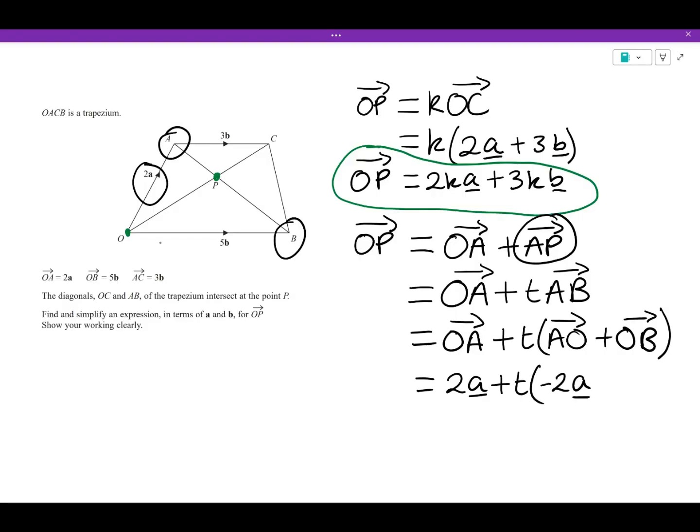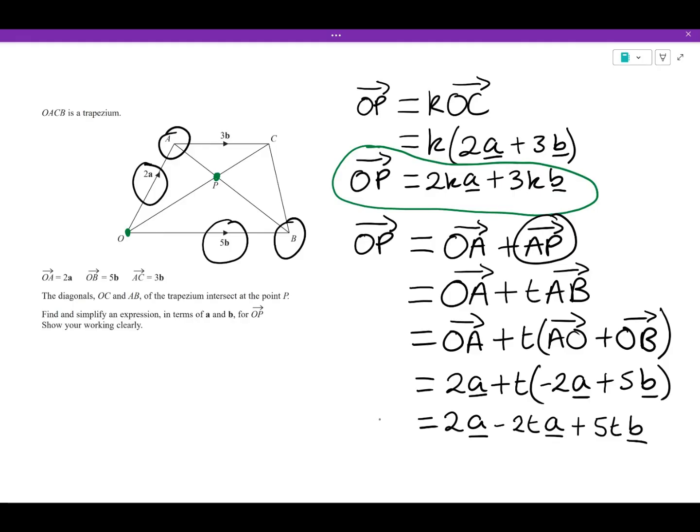And then once I'm at O, I just need to do positive 5B, and that is going to get me to B, my destination. Now let's expand the brackets. I have T multiplied by negative 2A, so that's going to be negative 2TA. And then T multiplied by 5B, so that's going to be plus 5TB like that.